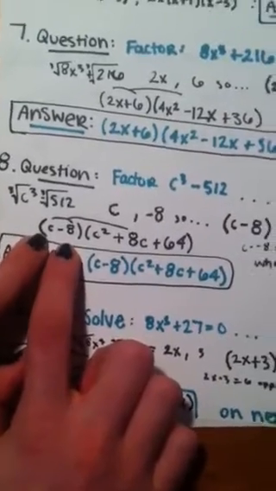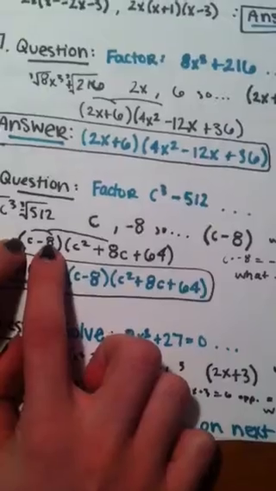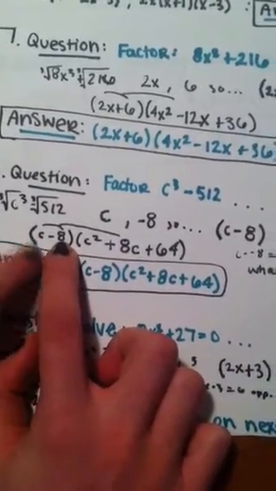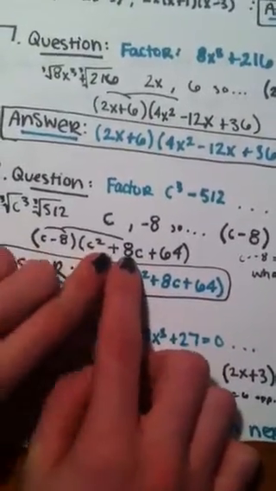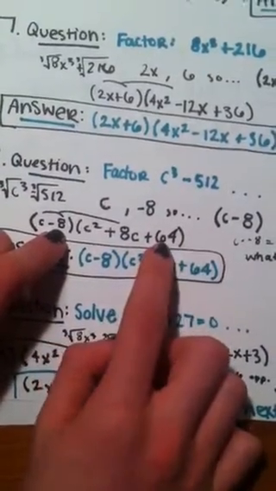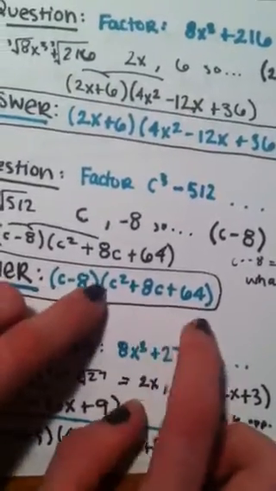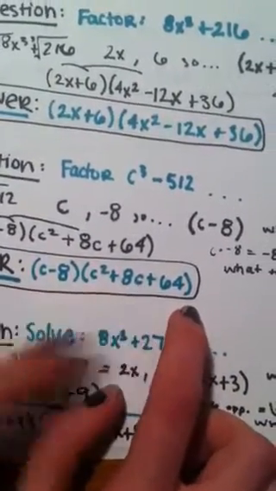So then you have c minus 8 times c squared plus c times 8, which is negative 8c, but change the sign, so it's plus 8c. And then what times 8 is equal to 512, and that's 64. So your answer is the quantity of c minus 8 times the quantity of c squared plus 8c plus 64.